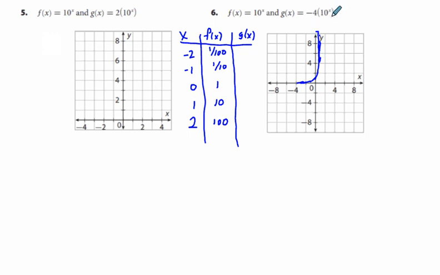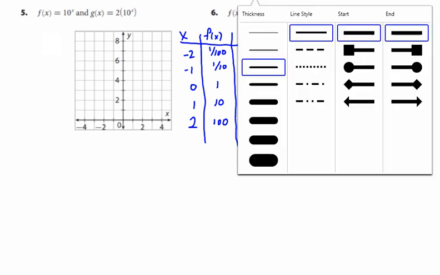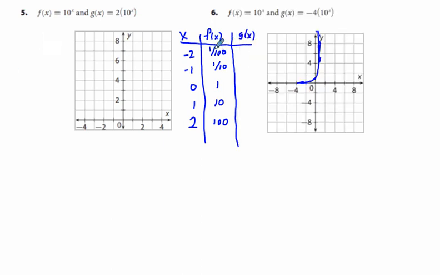If we have negative 4 times 10 to the x power, what we're going to do is take f of x times negative 4. So instead of 100, we get negative 400.